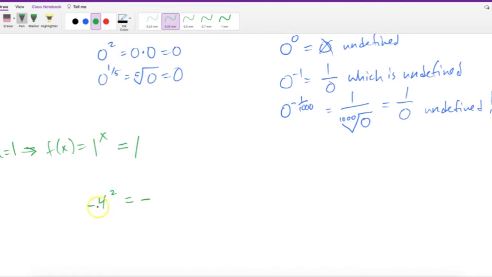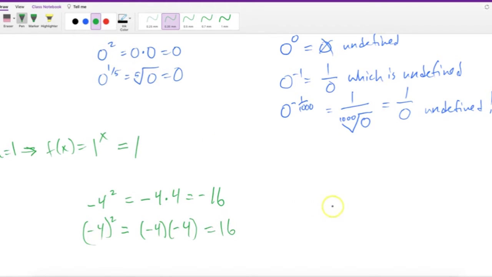The reason why is because the sign is essentially the result of multiplying by -1. So this would be the negative of 4 squared. So that's -16. Whereas -4 squared, with the -4 in parentheses, will be the product of -4 times -4. In other words, the quantity of -4 altogether squared, and that's a positive 16.